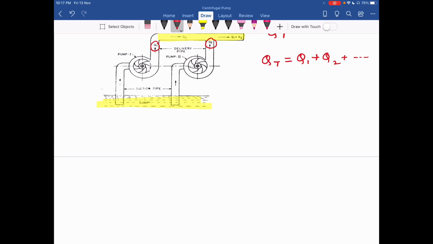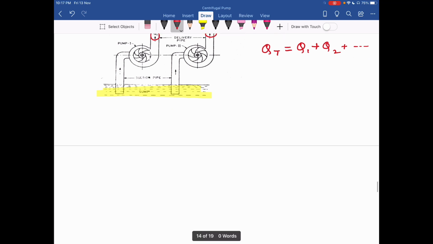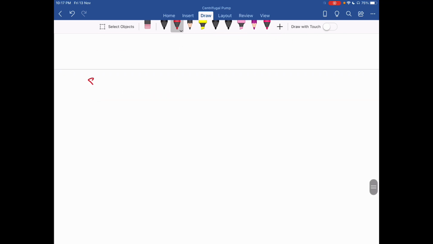Then next is the specific speed of a pump. As in the case of a turbine, the specific speed of a pump is used to compare the performance of different types of pumps. Similar to turbines, we have a concept of specific speed in pumps also.